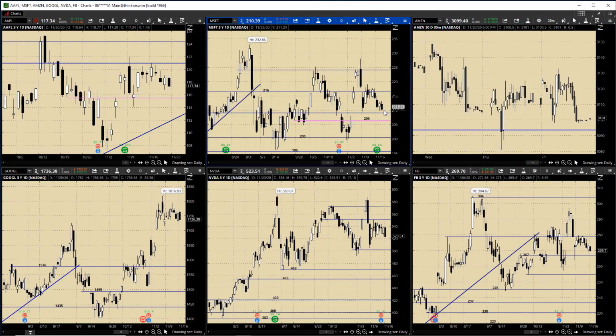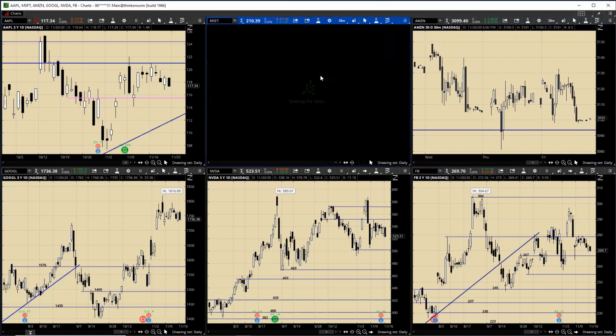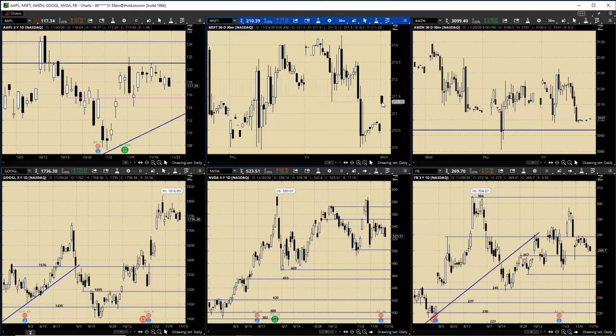Microsoft, let's see how that closed weaker, 210.39, see where they're at. And pre-market, 211, but paring back just a bit. Apple and Google, same thing, just finishing on the weak side.